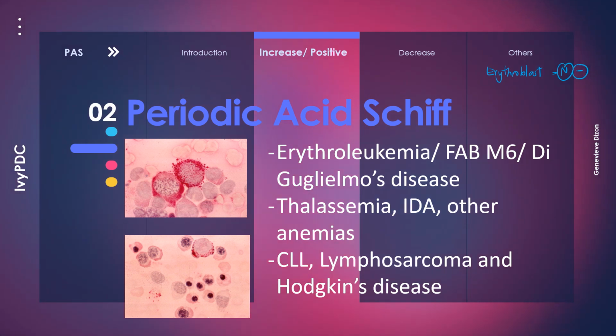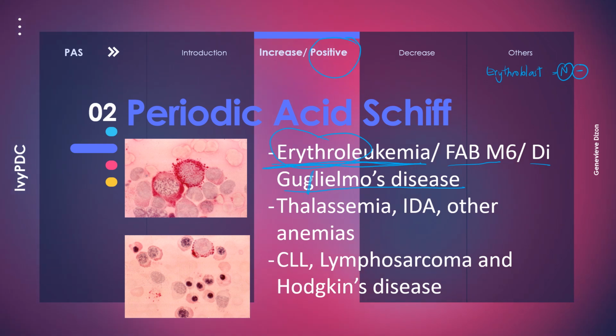But in disease conditions, the PAS reaction will be different from the normal state. That is why in erythroleukemia, which is an abnormality in the erythrocytes, also known as the FAB-M6 or the Di Guglielmo's disease, pronunciation is silent G, this would give a positive PAS.